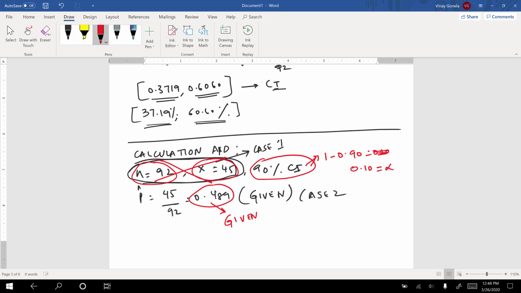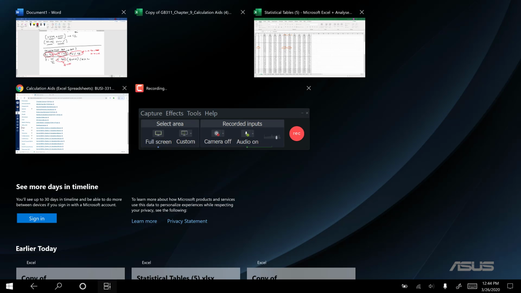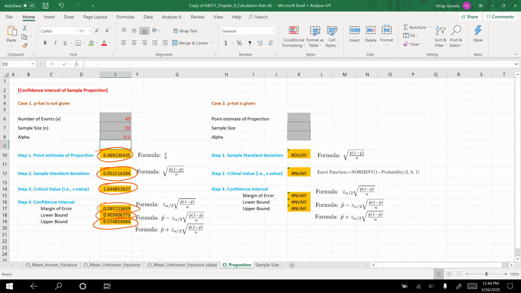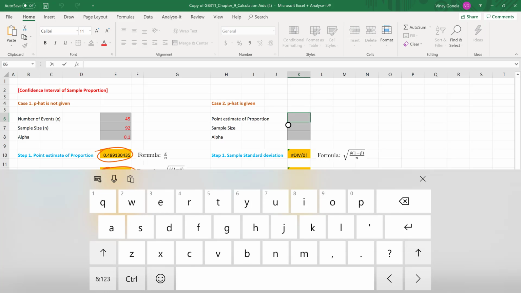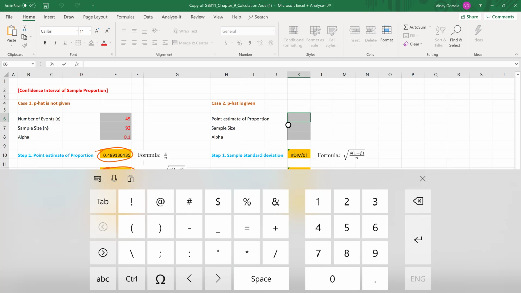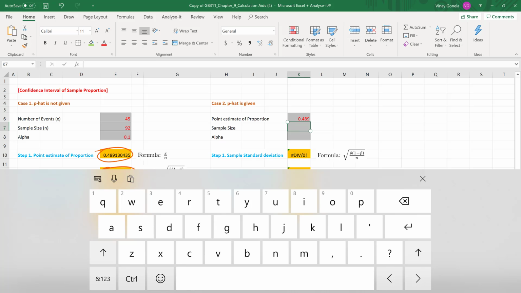So I will just put sample proportion here in this sheet, case 2, point estimate of proportion. So that is the sample proportion we are trying to enter. So that will be 0.489, and our sample size is 92.